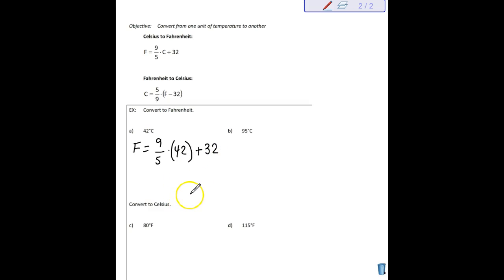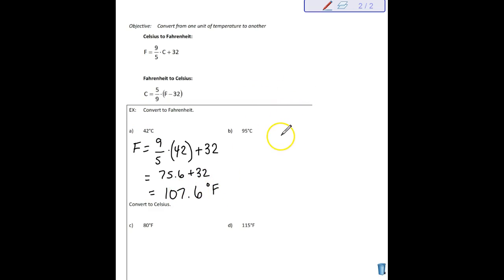So when I take my 9/5 and multiply times 42, I end up with 75.6 plus my 32. And then I come up with 107.6. And I want you to label it as degrees Fahrenheit. So if it's 42 degrees Celsius, that's the same as 107.6 degrees Fahrenheit.